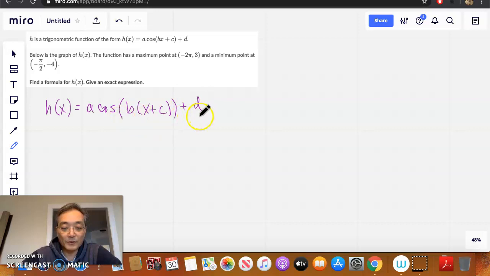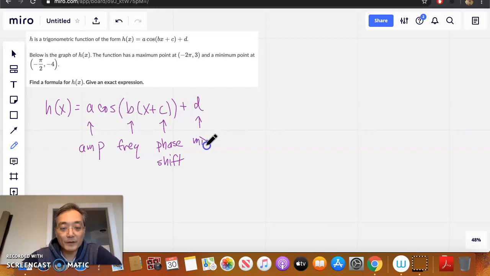The reason I like to do this is because in this particular format, it's easy to identify the amplitude, the frequency, the phase shift, and then finally the midline.